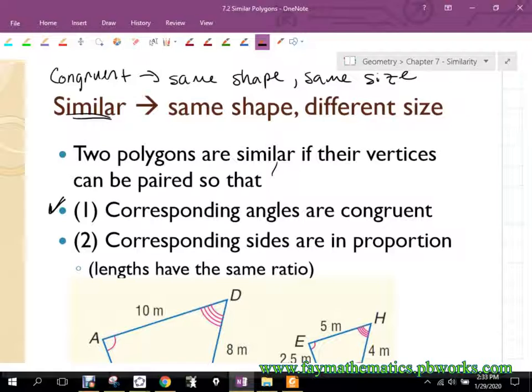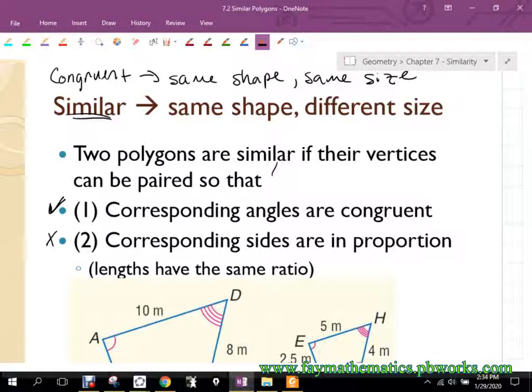The other thing that happens, and this is where 7.1 kicks in, is that corresponding sides are in proportion. Corresponding sides are in proportion, meaning that when I compare multiple sets of corresponding sides, they should set up a true proportion to one another. Sometimes we say that they're in the same ratio as one another.